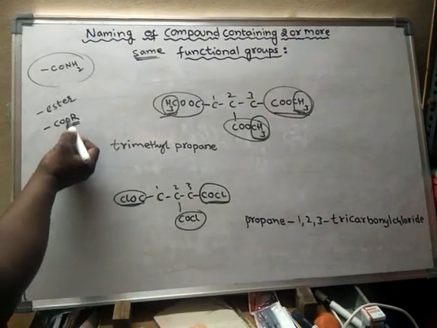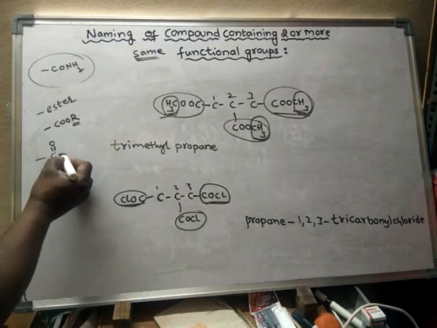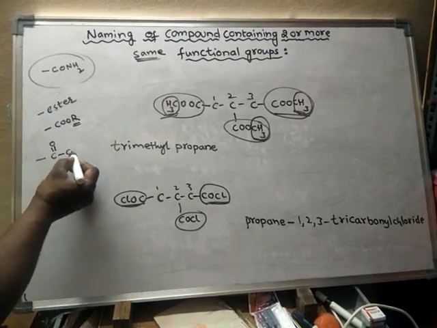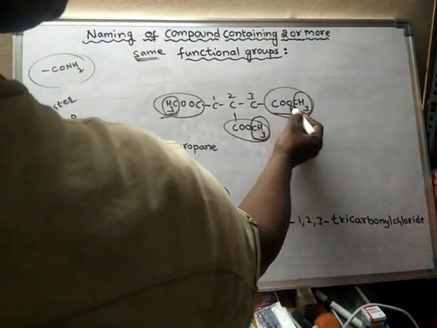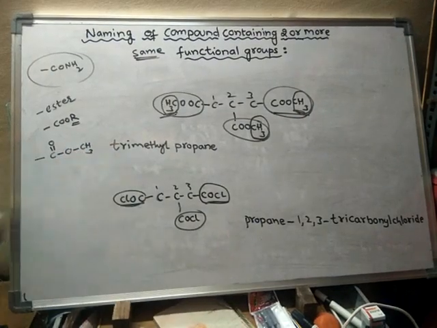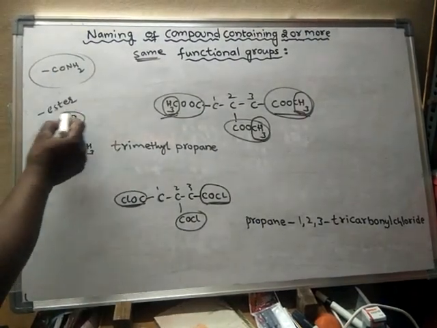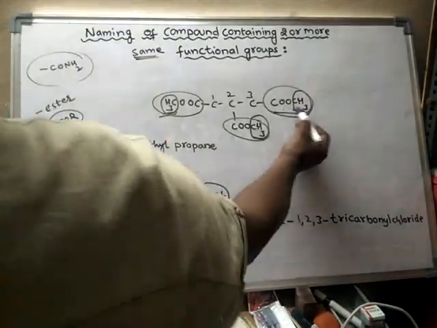So for COO, the structure will be like this: C double bond O, again O, and here R is present. So in our case, COO CH3. Instead of R, we have written CH3. So this is an ester, another ester, another ester.